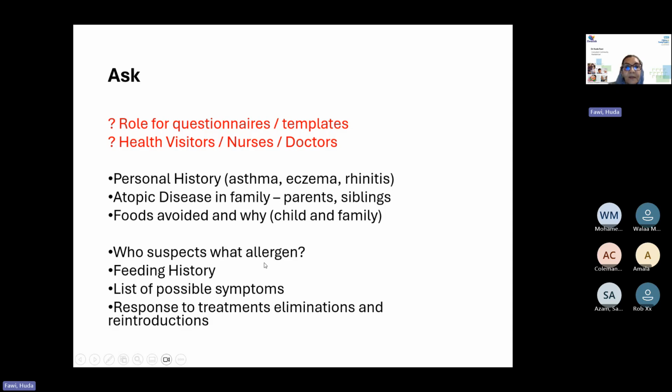That's important. The feeding history. You need to ask about these common food allergies that we talked about. Are they drinking milk? Are they eating egg? What about nuts? Are they eating fish and sesame and so on? And then you list your symptoms, and then response to treatments of elimination and reintroduction. So when it's being given again, what happened?